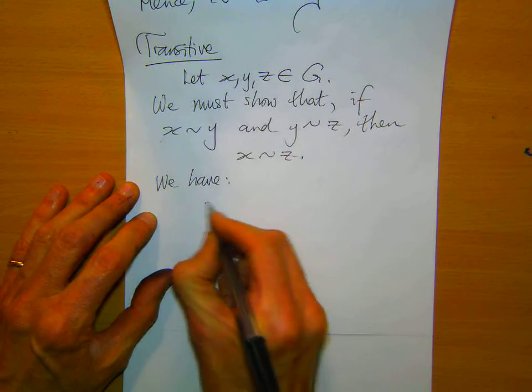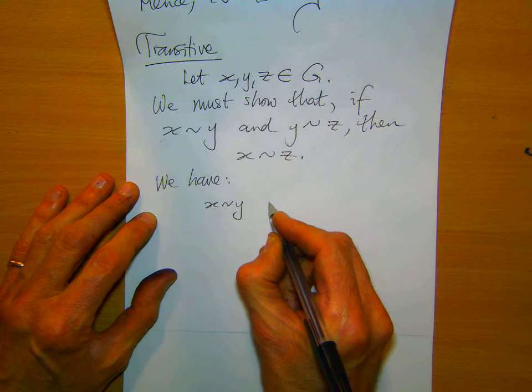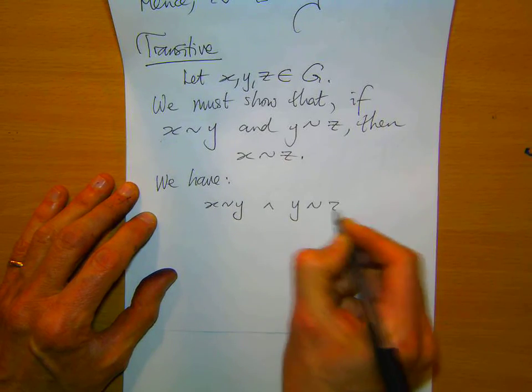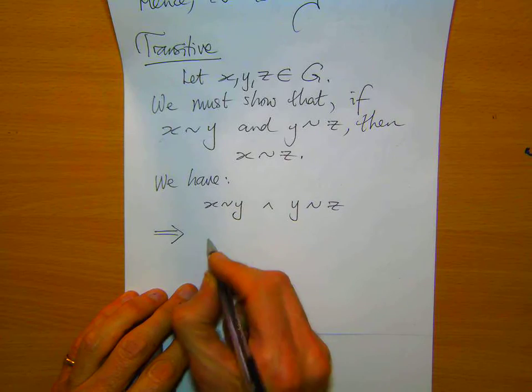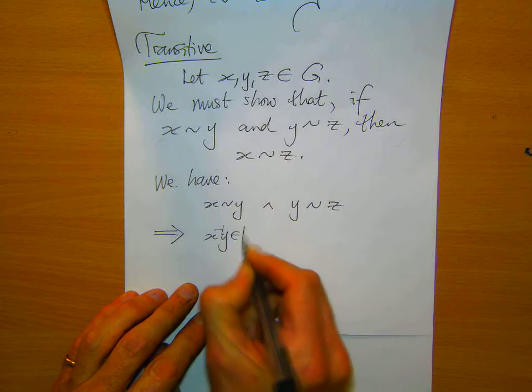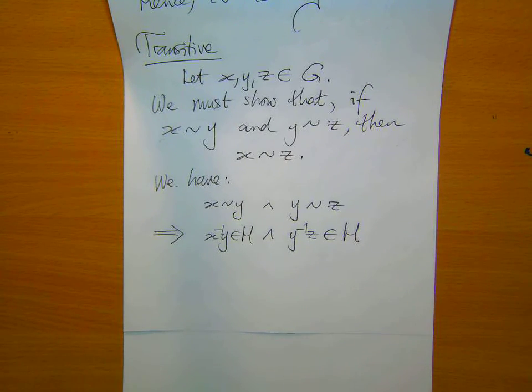So I'm going to assume that x is related to y and y is related to z. So x inverse y is in H and y inverse z is in H. That's by definition of the relation tilde.